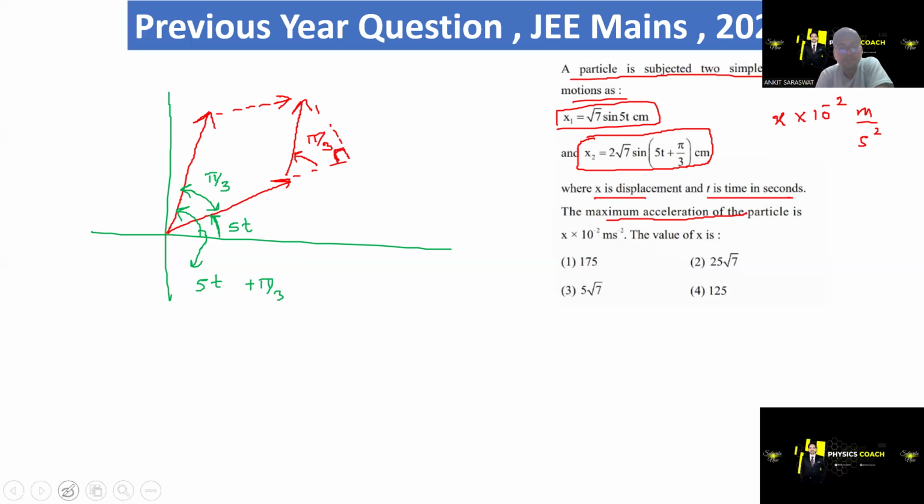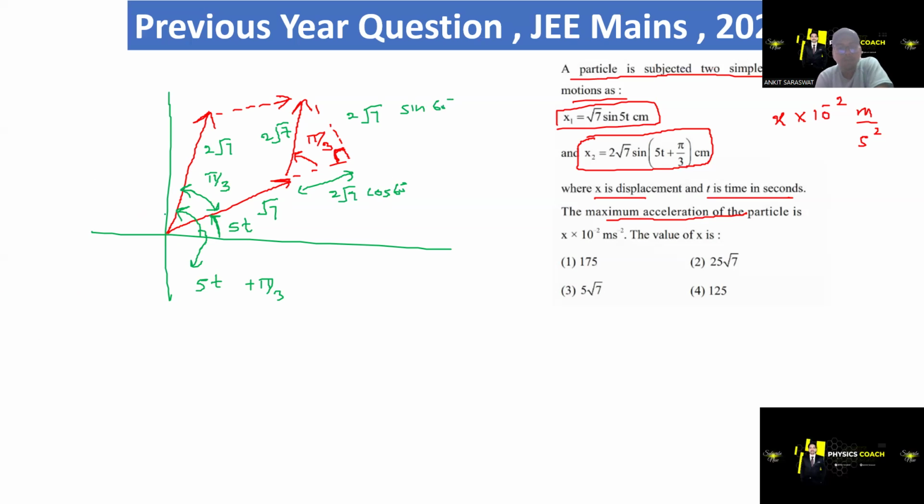Clear? Now see. This is root 7. This is 2 root 7. And this is how much? 2 root 7 cos 60. And this is 2 root 7 sin 60.